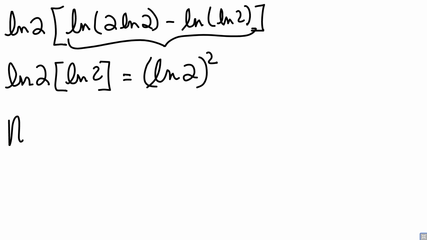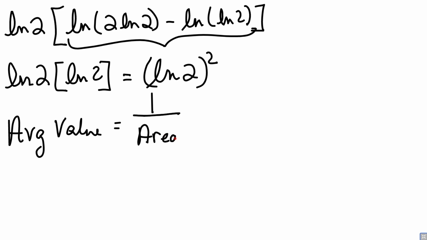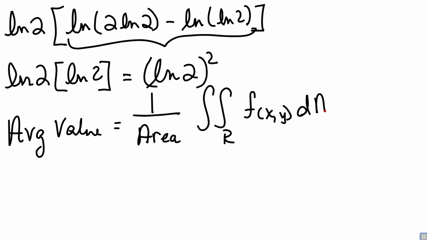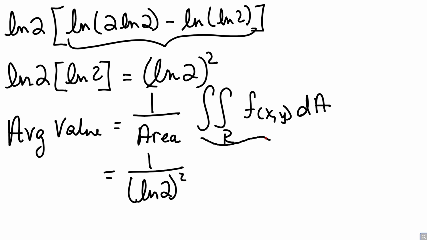So again, we're looking for the average value, and that's going to be 1 over the area times the double integral over the region of f of x, y, dA. So the area we found to be the natural log of 2 squared. This we found to be natural log of 2 squared.